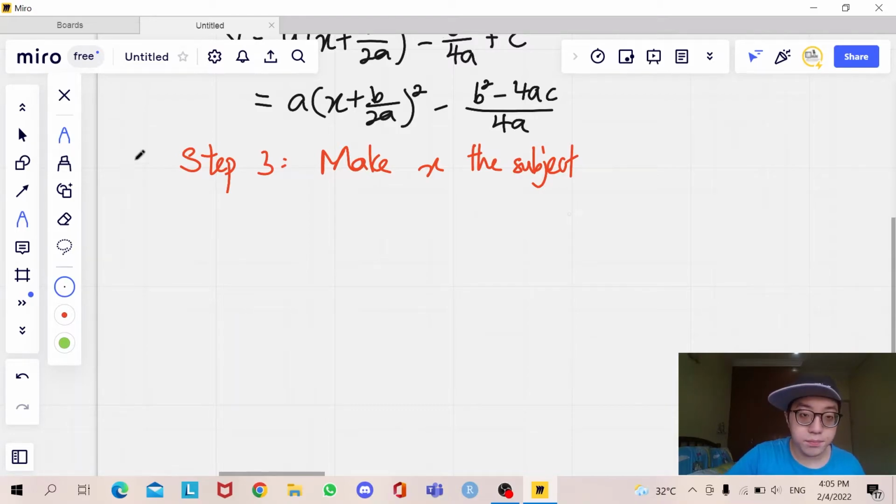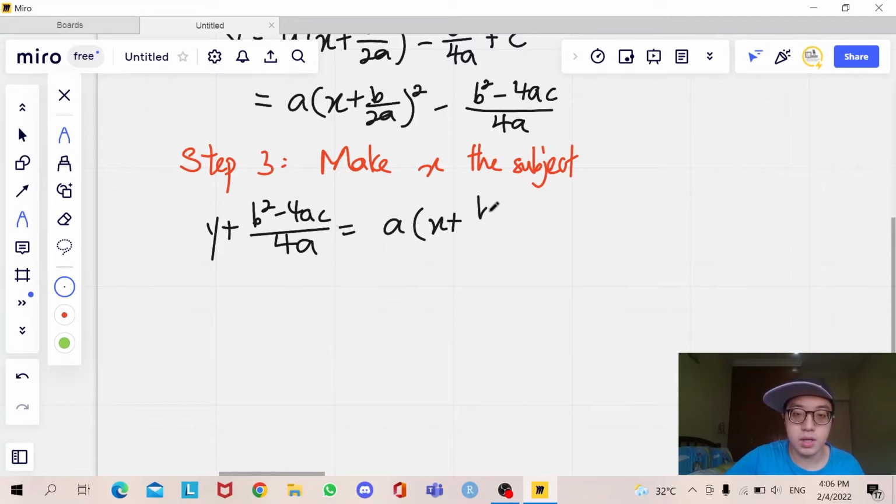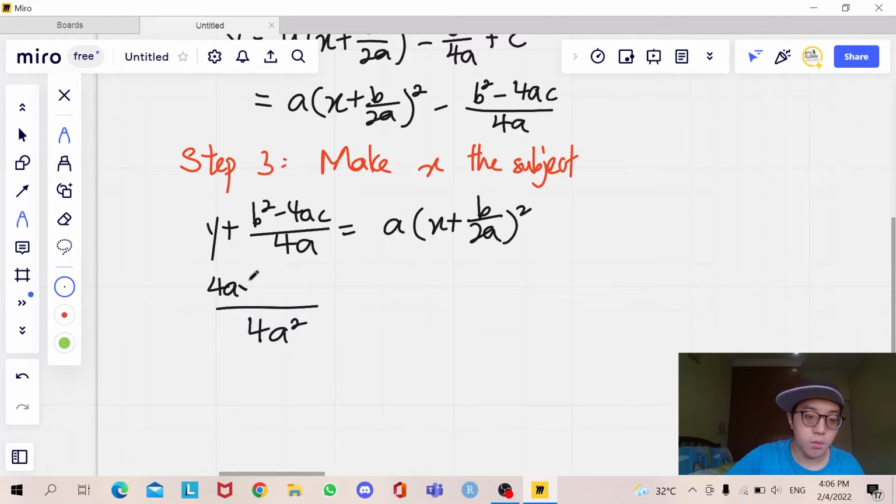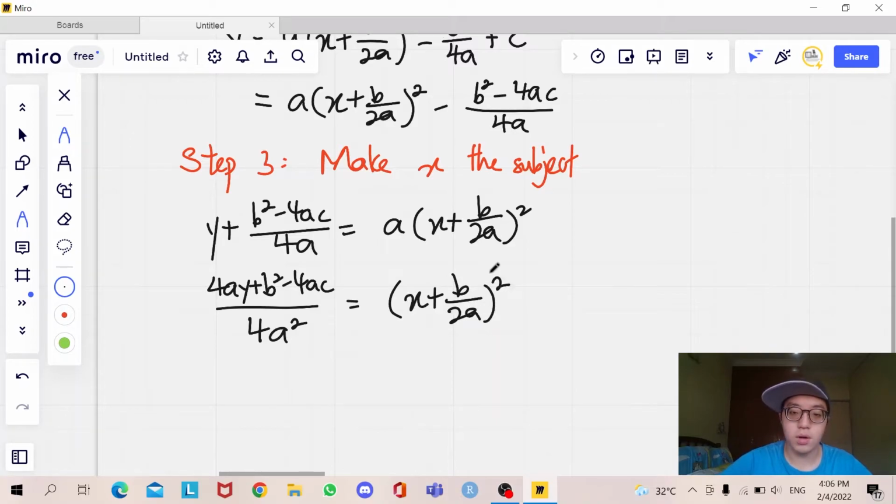From here you will get y plus (b squared minus 4ac) divided by 4a is equal to a bracket x plus b over 2a squared. If you combine these two and bring the a down, you get (4ay plus b squared minus 4ac) over 4a equal to (x plus b over 2a) squared.